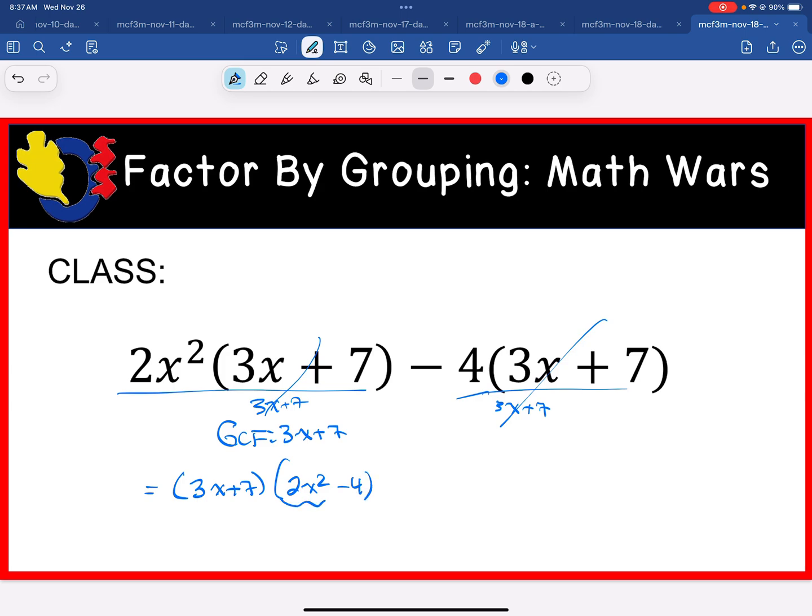I could continue further. There is a GCF here. So my final answer could be, so there's a GCF of 2. So 2, 3x plus 7, and then x squared minus 4. I just put the 2 in front because if I put 2 kind of in between these two brackets, it's not really good form. So the coefficient usually goes out front.